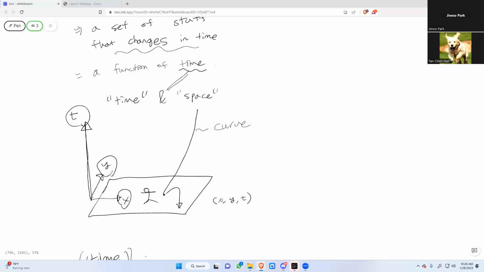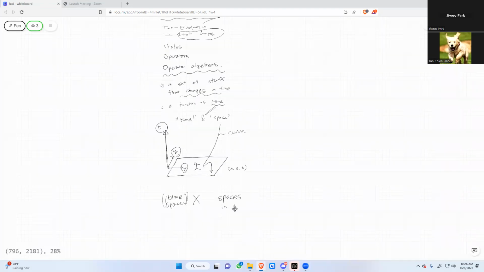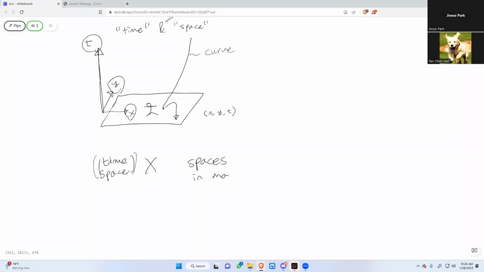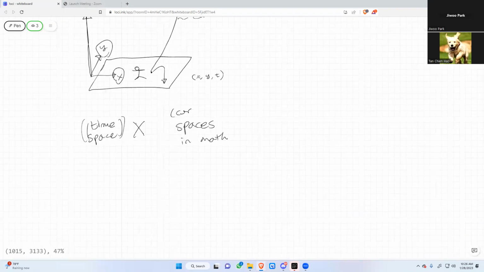For now, we were talking about Cartesian spaces, or Euclidean spaces, but we just need to talk about spaces in math to understand time and space. So, okay, let's talk about the concept of space.